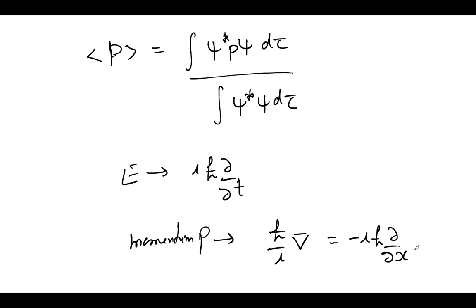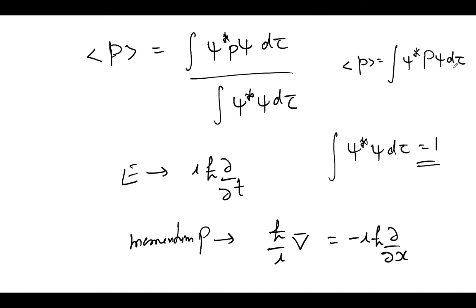So if psi is the normalized function, then we can write the integration of psi star psi d tau equal to 1. Therefore the expectation value of this dynamical quantity p, we can write as the integral of psi star p psi d tau.